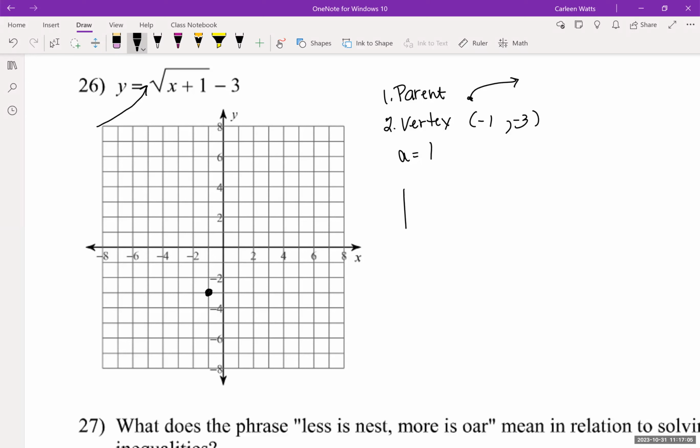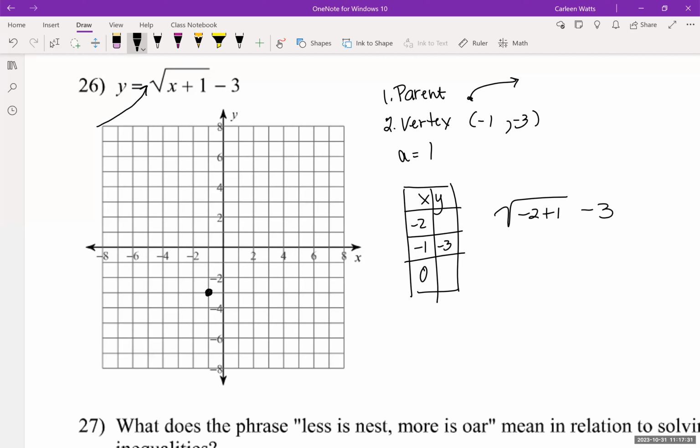Okay, now we're going to make a table. So -1, -3. One to the left is -2, one to the right is 0. What happens if you plug in -2? We get square root of -1.